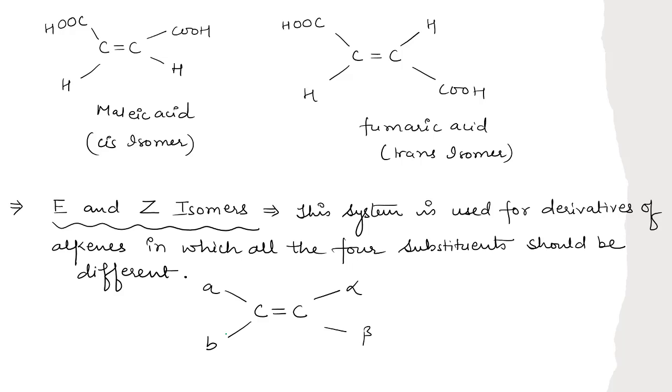Now, for E and Z isomerism, we have to go through the CIP rules, that is the Cahn-Ingold-Prelog rules.